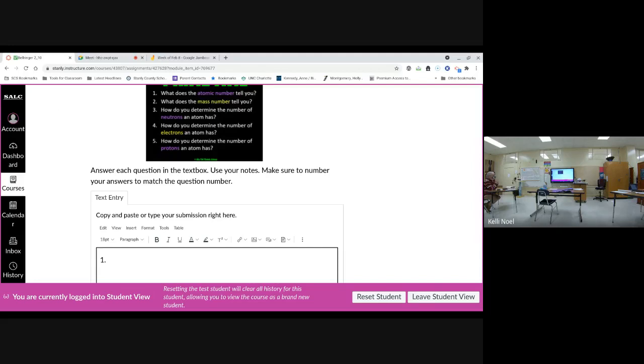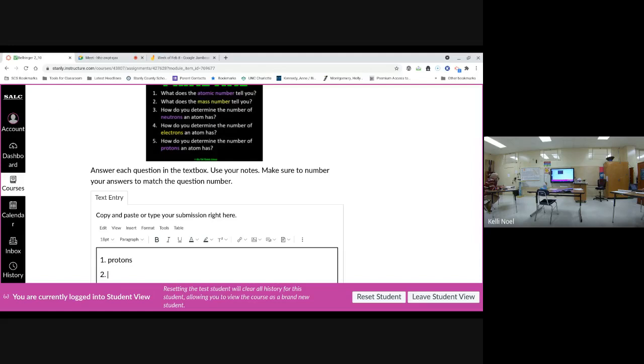It is going to be protons. So atomic number is always associated with protons. It is like the social security number of the atom. So atomic number, number of protons, never changes for that particular element.